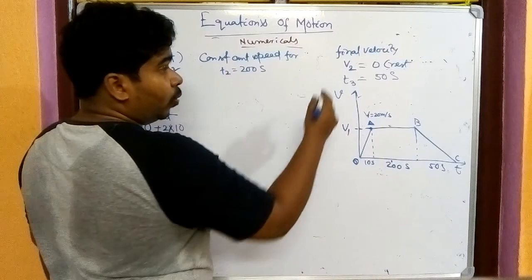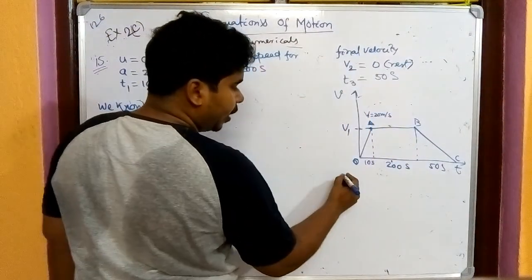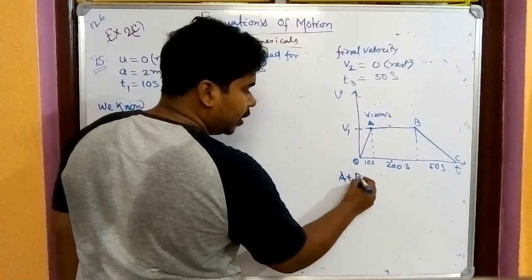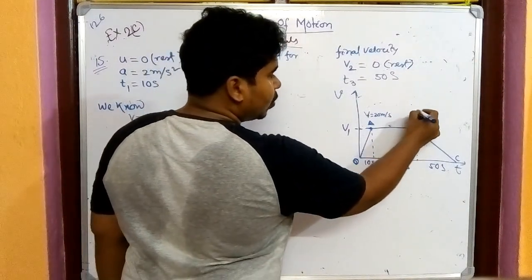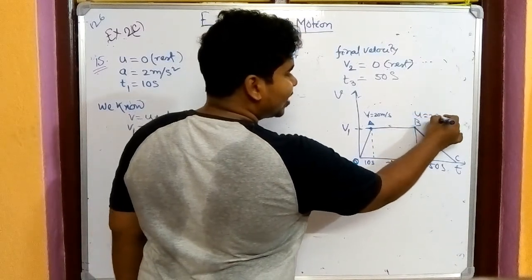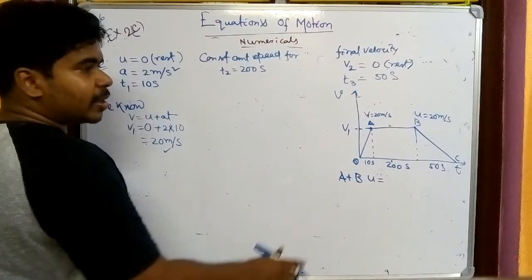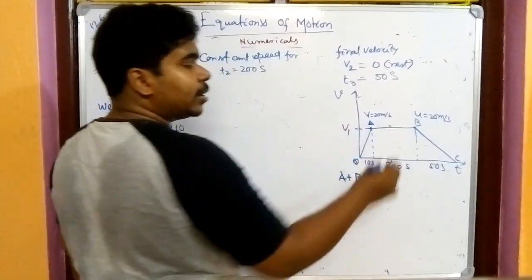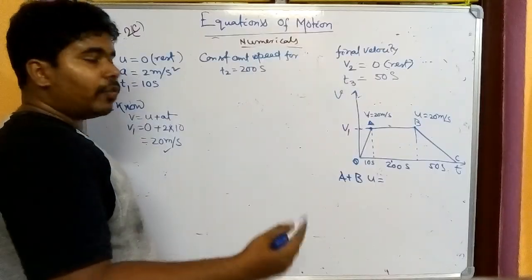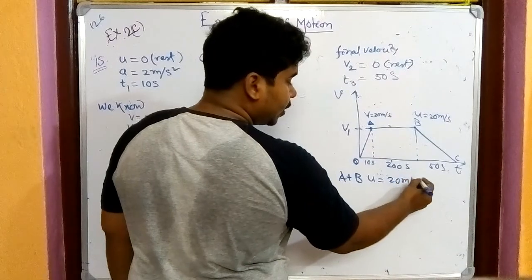So when we talk about u at B point, we can write at B u equals how much? u equals 20 meter per second, because after that it is decreasing. The final velocity at A is the initial velocity at B. No velocity changes occurred till then. So 20 meter per second.